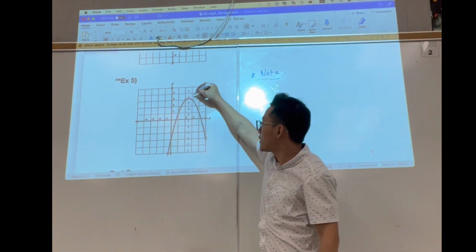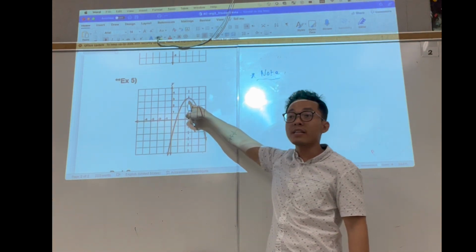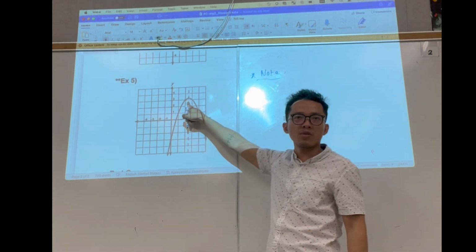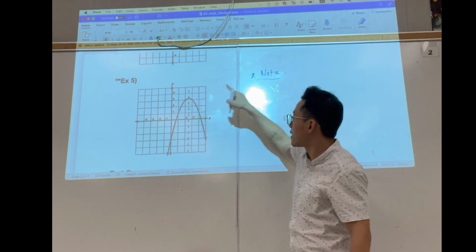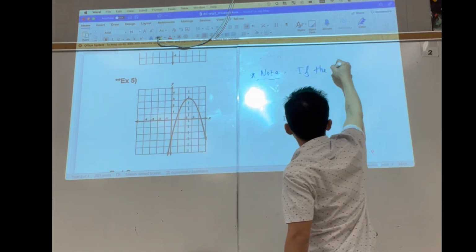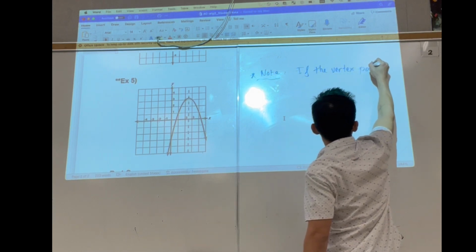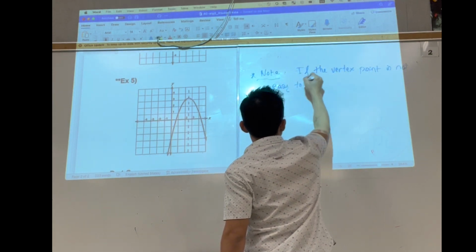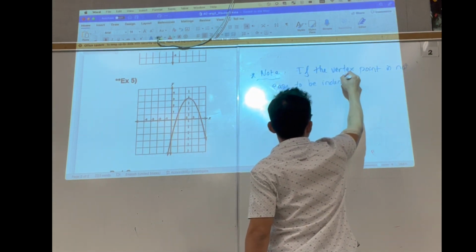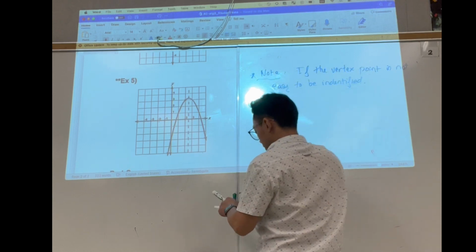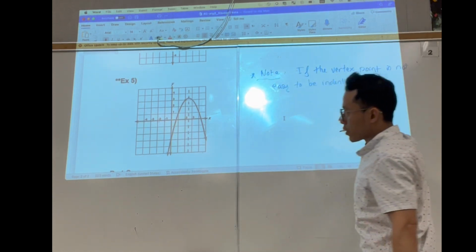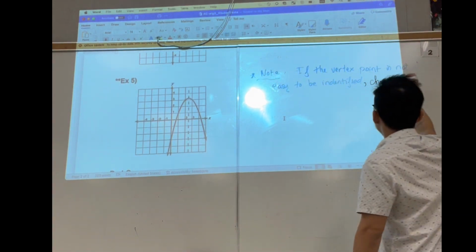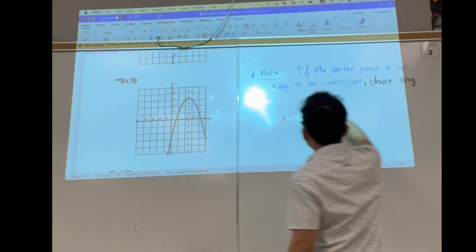If you cannot tell what the vertex is, if it's not easy to tell, don't guess, don't estimate, because you're not gonna get it correctly. So if the vertex point is not easy to be identified, then what do you want to do?